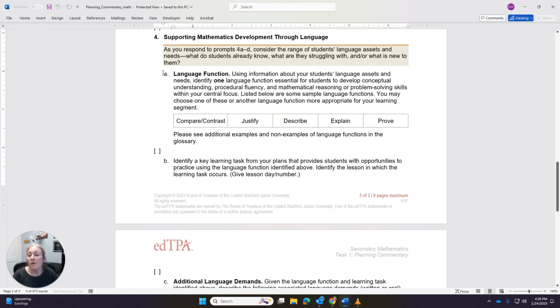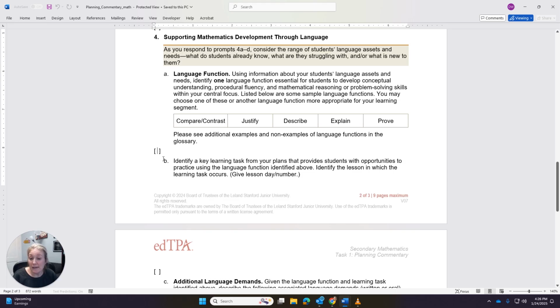So part 4A, you are identifying which language function you are utilizing for this series of lessons. So you want to just pick one of these, and then you can just type which one you picked here. You can say, my language function is justify. That's all you need to do.